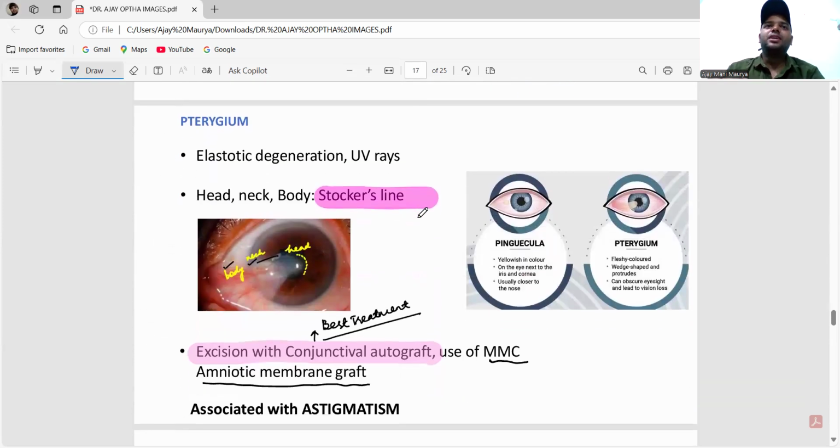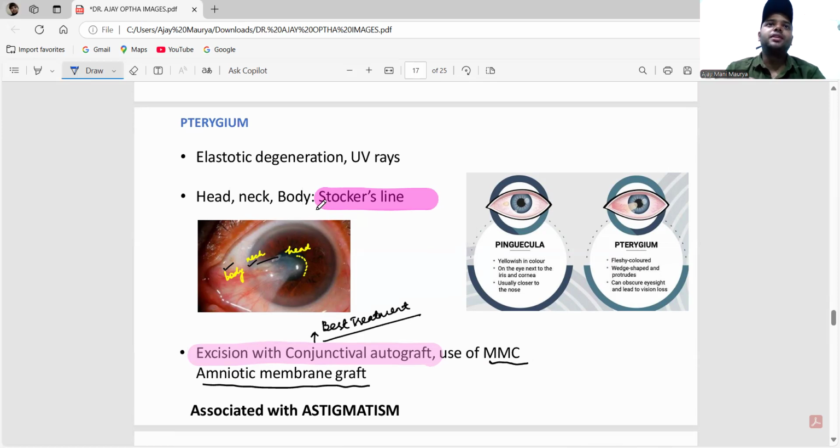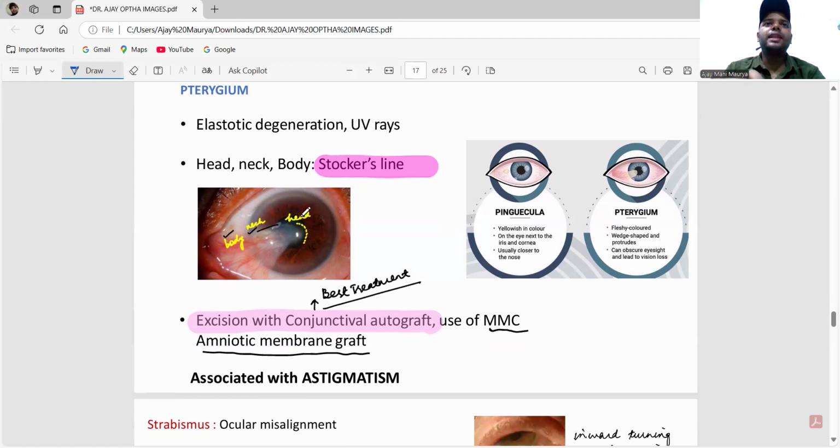Next one is the pterygium. So guys, you have to differentiate between the pterygium and the pinguecula. Pinguecula is yellowish in color. These are the fleshy color. This is fleshy. See here. You may get the image of the pinguecula or pterygium, but mostly you will get the picture of the pterygium. Pterygium has a body, neck, and head.